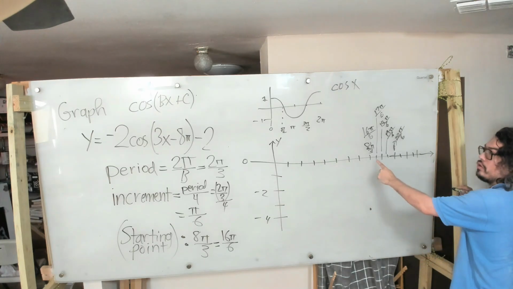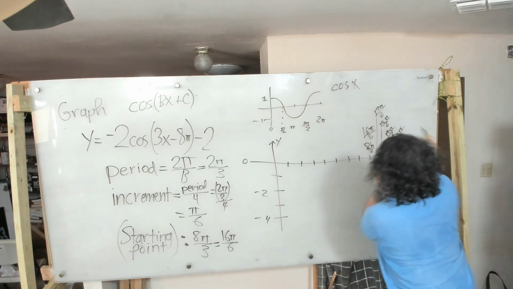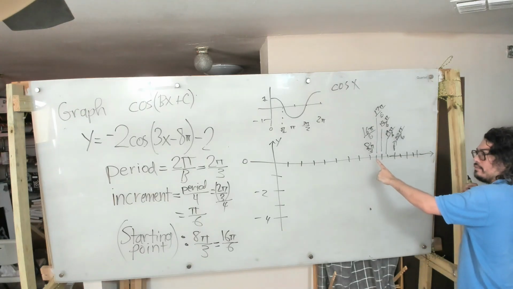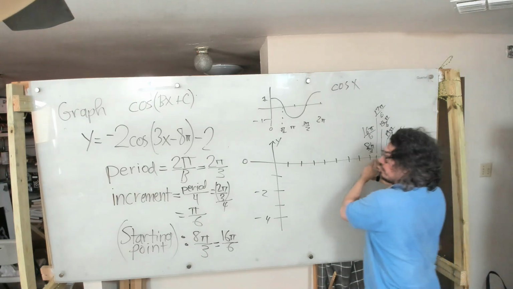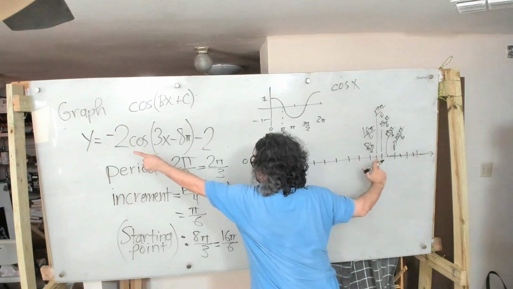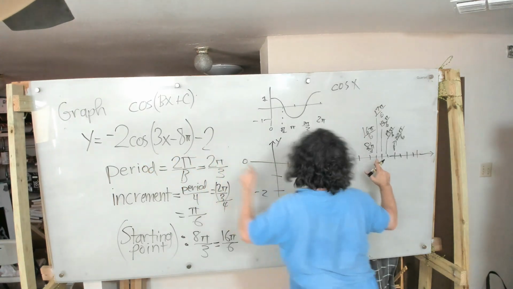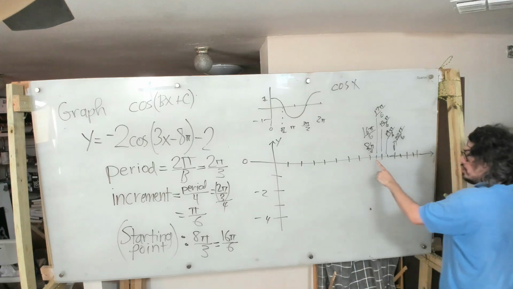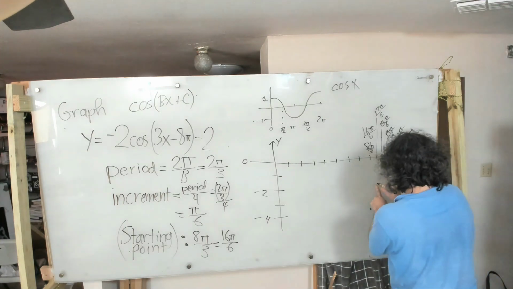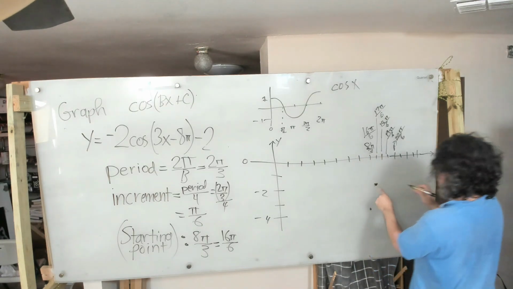One increment over, we're going to get our landmark, which is where it's at 0. In this case, when cosine is 0, 0 times -2 is 0. So then it'll end up being 0 minus 2, which is -2. It'll be right here, I believe, yeah.